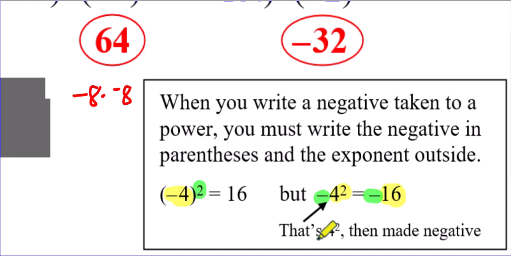So this is really 4 to the second, then made negative, which is not the same thing as taking -4 times -4, which is what this means when you put it in parentheses. This would actually mean -4 times -4, which of course is positive 16. So, moral of the story, if you're going to show a negative number taken to a power, you must put the negative number in parentheses and write the exponent on the outside.